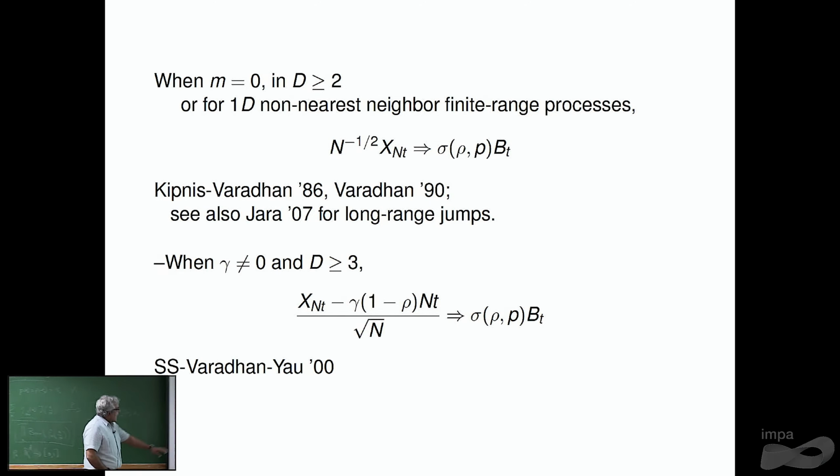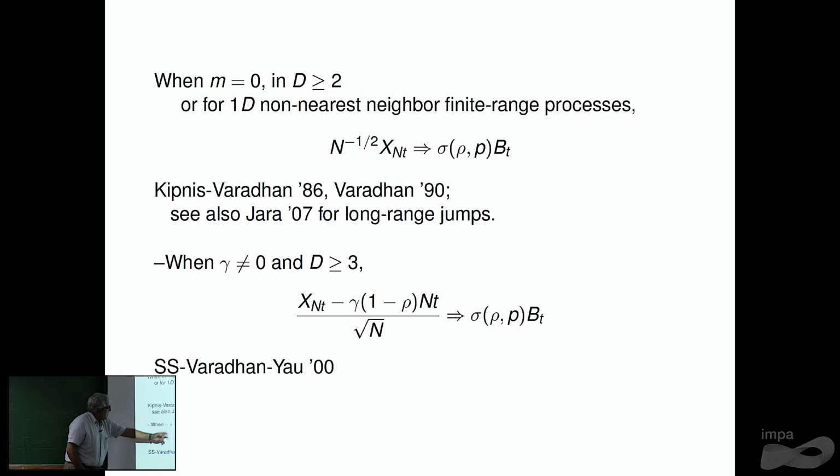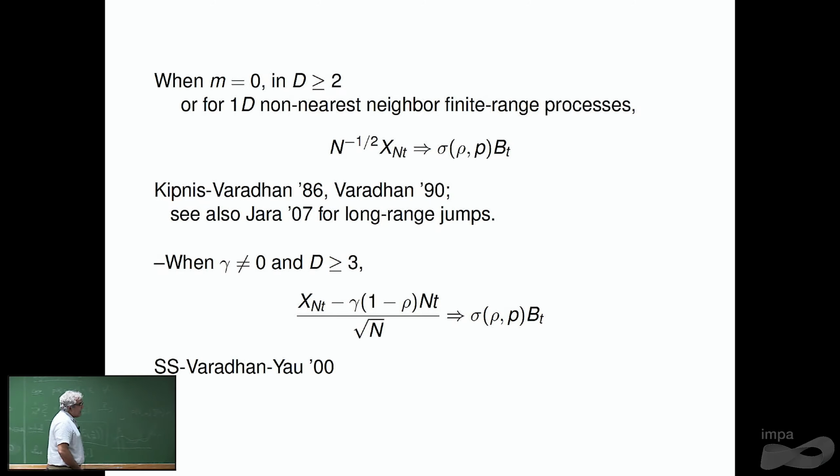When you have a drift and the dimension is 3 and higher, then you also have a functional central limit theorem. There is an open problem, which I have at the end of the talk, but I can mention it now. It's open what happens when gamma is not 0 but the dimension is 2.